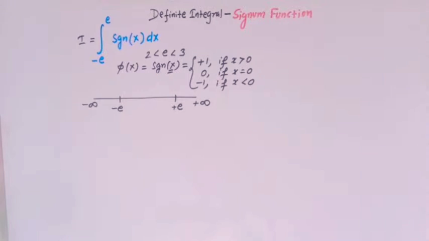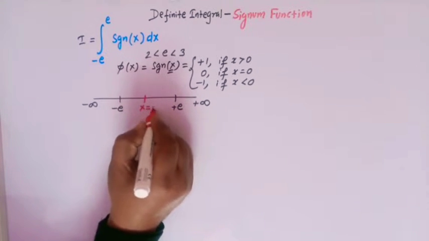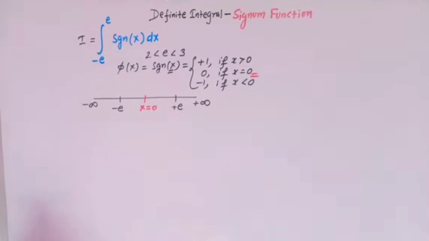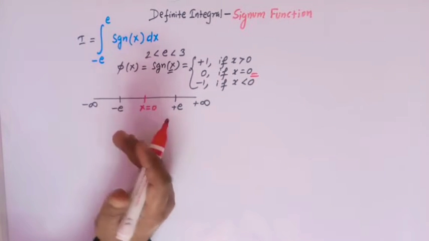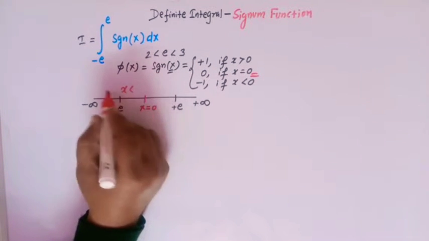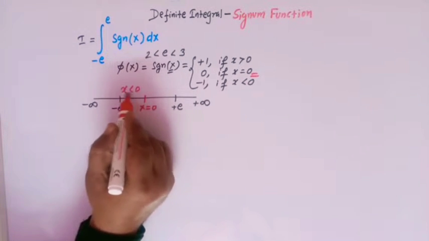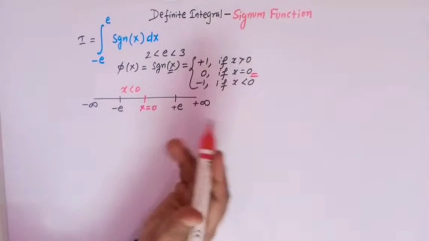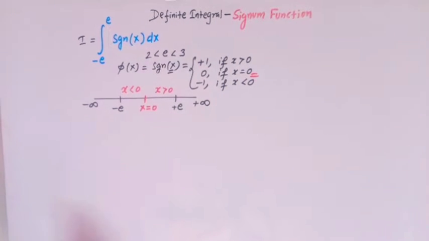Between minus e and plus e, we have the point x equal to 0. Towards the left of x equal to 0, we have the numbers which are less than 0, so x is less than 0, and towards the right all the numbers are greater than 0.